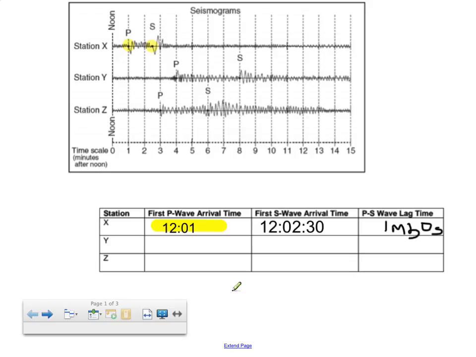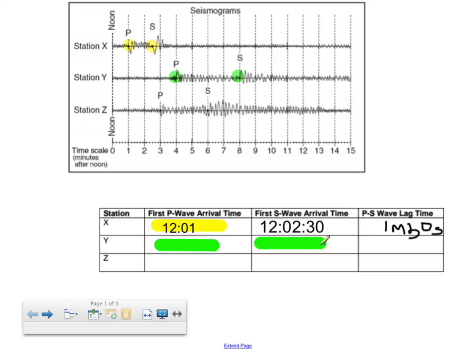All right, Jeremiah, for station Y, what's the P wave arrival time? That's not a time. 12:04. P wave starts right here, so we should be putting 12:04 here. What is the S wave arrival time, Jamario? 12:08.